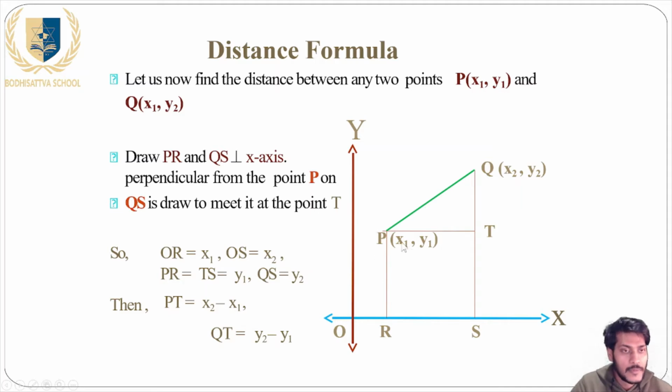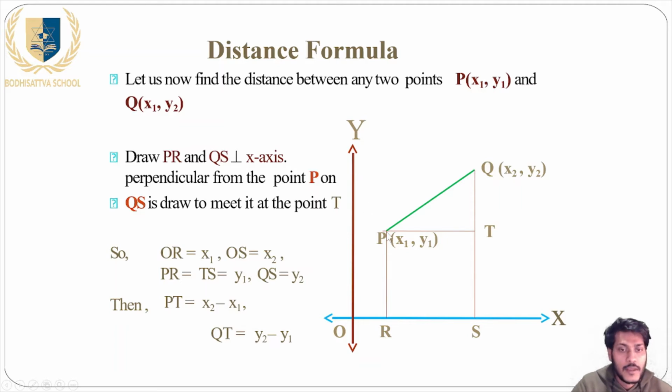Here we know the x coordinate is the distance from the origin on the x axis, and the y coordinate, y1 and y2, is the distance from the origin on the y axis.